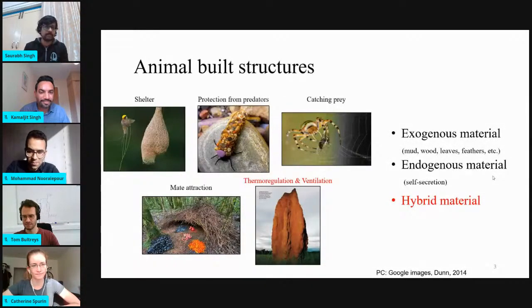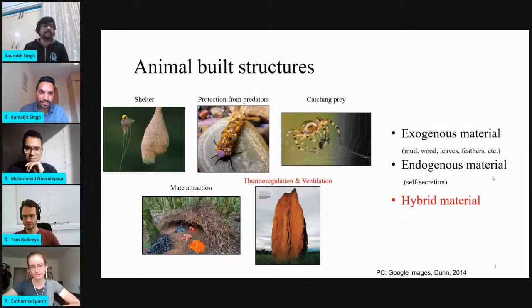Now, coming to animal built structures. In nature, we find animal built structures around us all the time, and these structures are used for different purposes, such as for shelter, for protection from predators, for catching prey, for reproduction, and for thermal regulation and ventilation. The material used in these structures could be exogenous material, or endogenous material, or a combination of these.